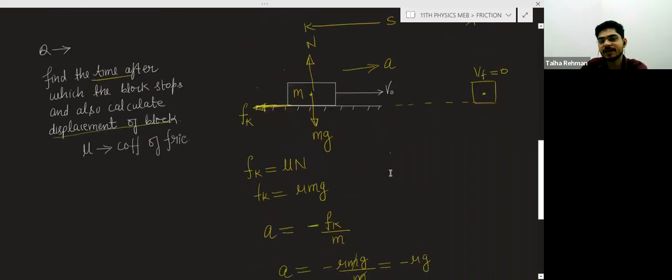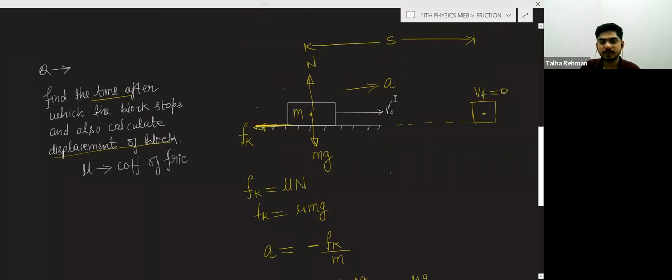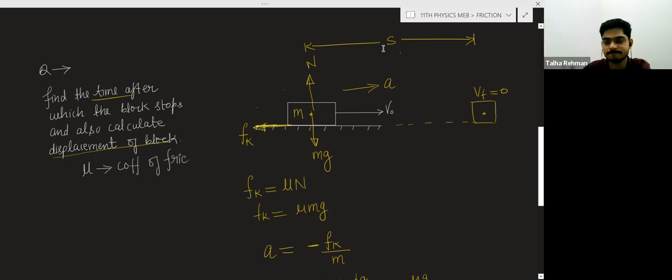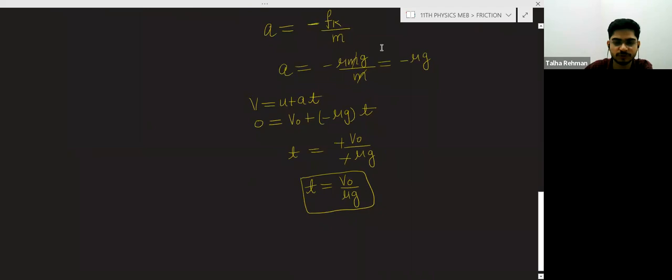Hiba, can you tell me which equation of motion I should apply to get this displacement? First equation, second equation, or third equation of motion? 2as equals v square minus u square. Right. Third equation of motion. This equation we will use.